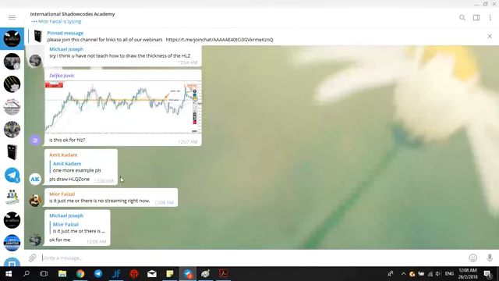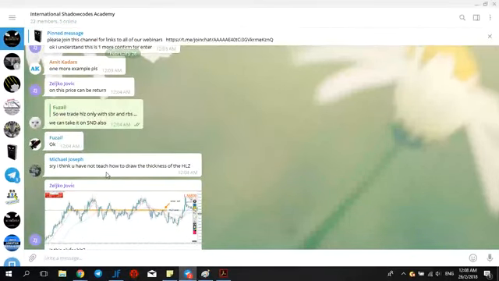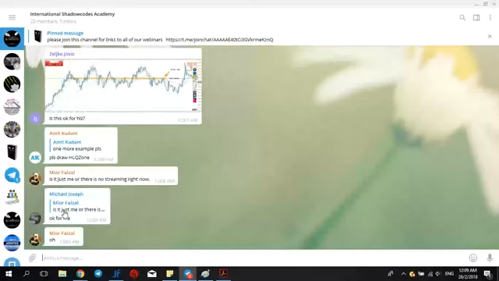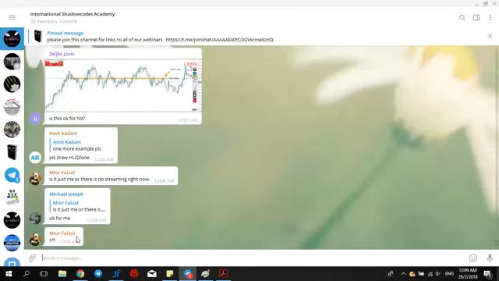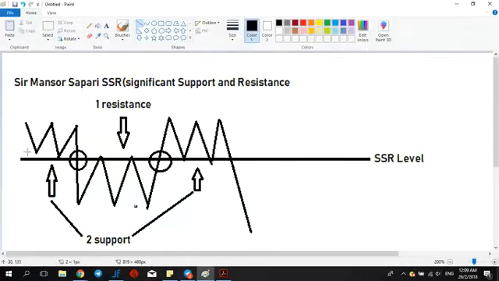Please draw HLZ one more. Okay, sorry, I think you have not taught how to draw the thickness of HLZ. Yes, this is a HLZ. This is the correct one. Okay, I will teach you one more time. For example, over here, you got something like this. No matter what color is the candle, it's okay.